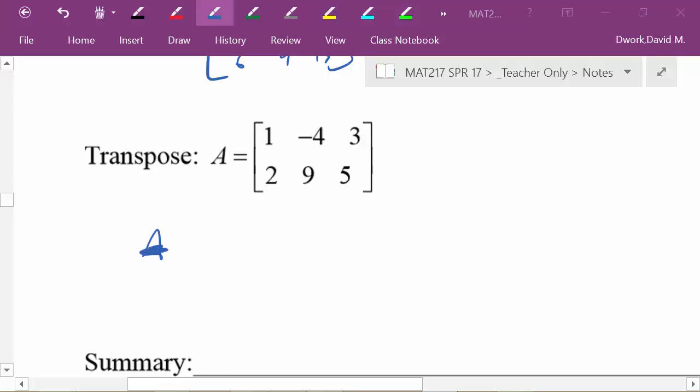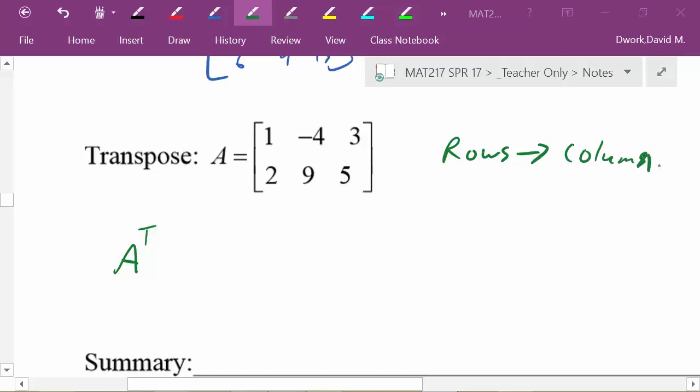Let me switch colors. A transpose is a simple concept, and you can go out there and find the best YouTube videos ever. They make this concept seem so hard. It's absolutely hilarious, but it's a simple idea. Your rows become your columns, and you're done.